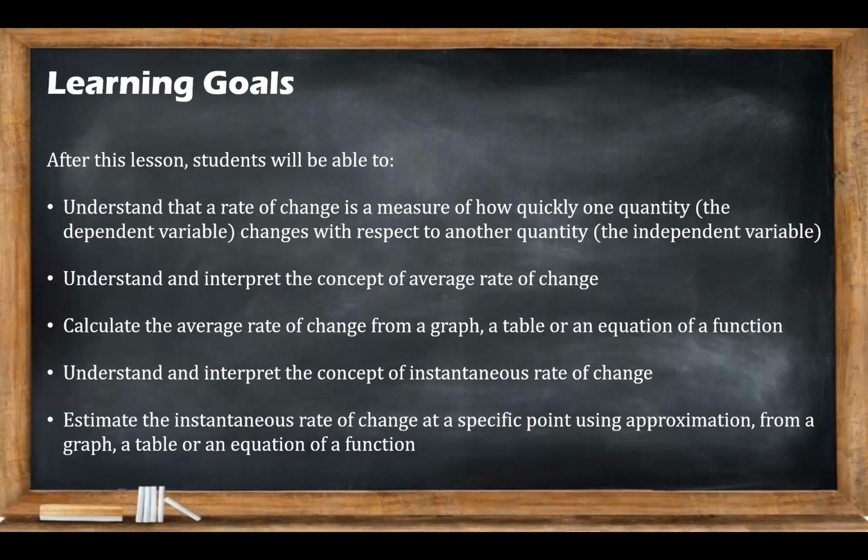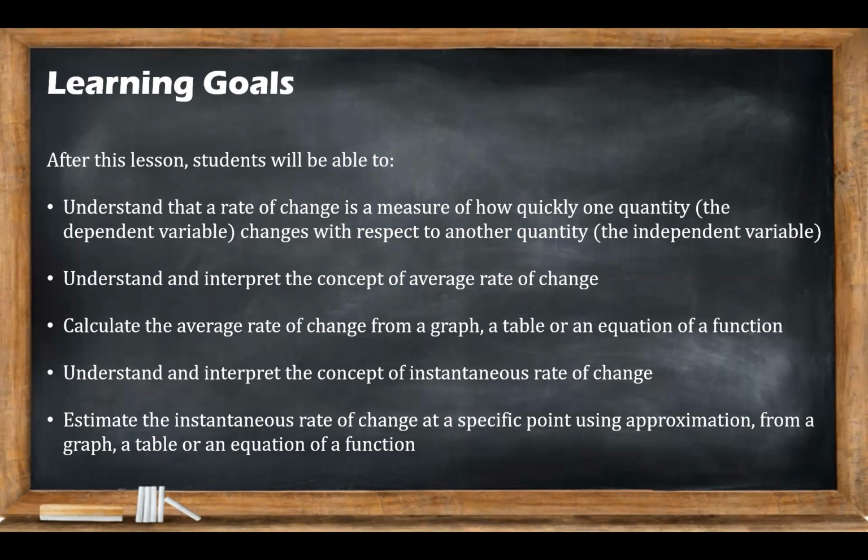After this lesson, you should be able to understand the rate of change is a measure of how quickly one quantity, the dependent variable, changes with respect to another quantity, which is called the independent variable. Then understand and interpret the concept of average rate of change.